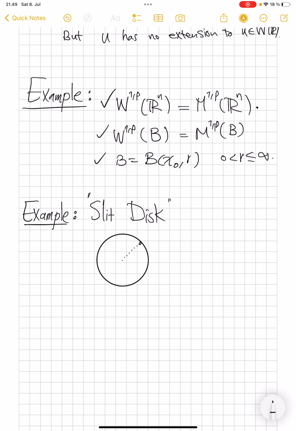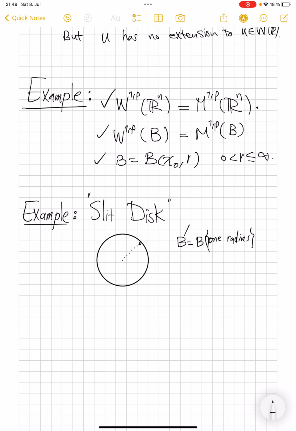So you have the ball minus one radius, not the full diameter, just one radius. So one simple segment is removed from this ball, and let's call it B prime.